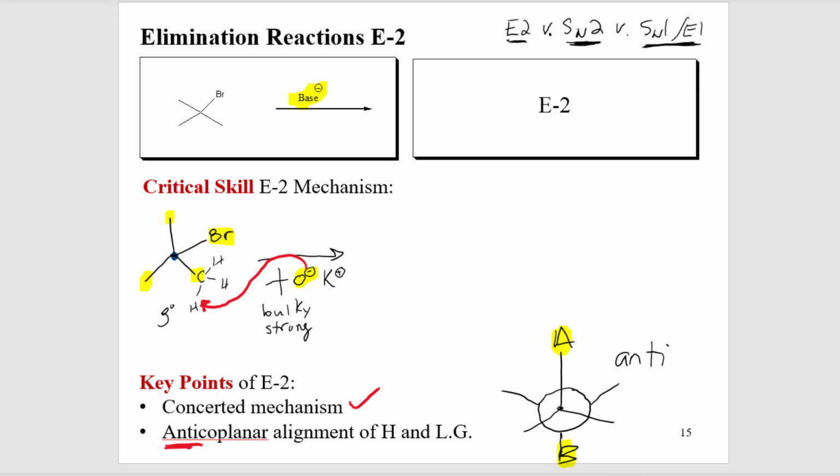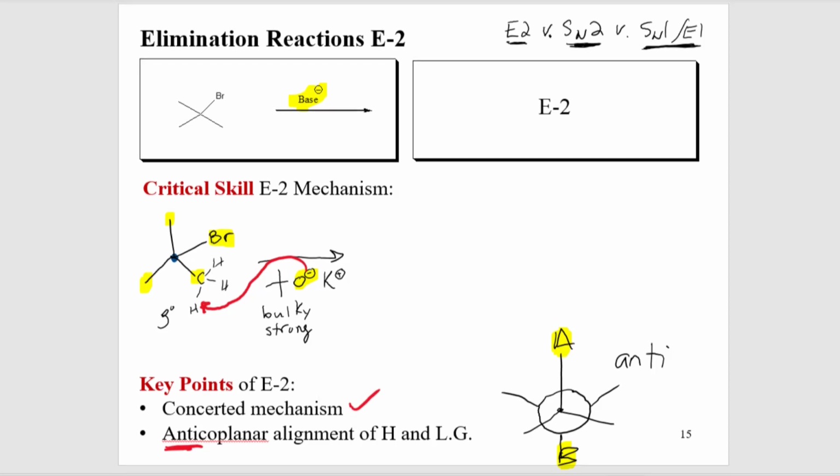Think about the word concert. The saxophone doesn't play and then the violin and then the harp and then the drum. They all play at the same time. I'm just not skilled enough with my pen to draw every arrow at the same time. So unfortunately, when I'm drawing the mechanism, it does kind of look like a domino effect. This happens, then this happens, then this happens.